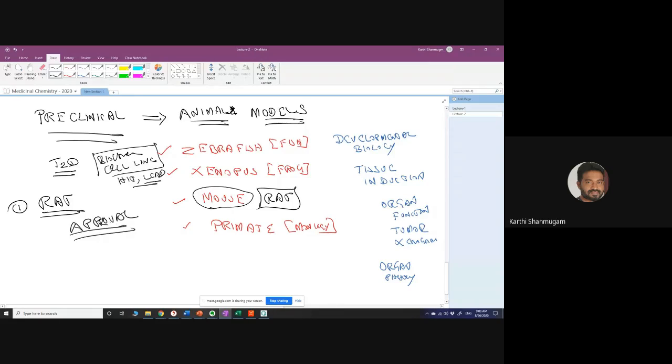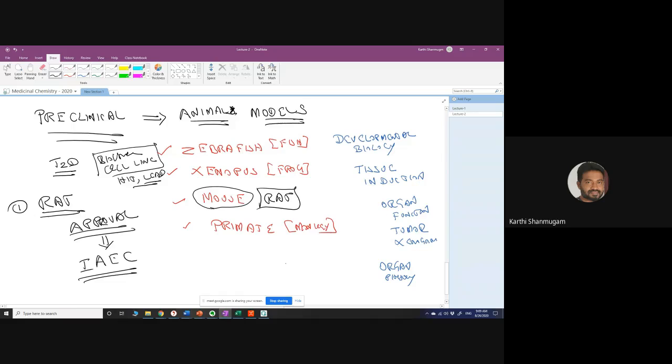Approval is very important for working with animal models and for purchasing that specific breed, right? So who is going to give the approval for the study? Every institute will have an animal ethical committee, the institutional animal ethical committee, IAEC, right?